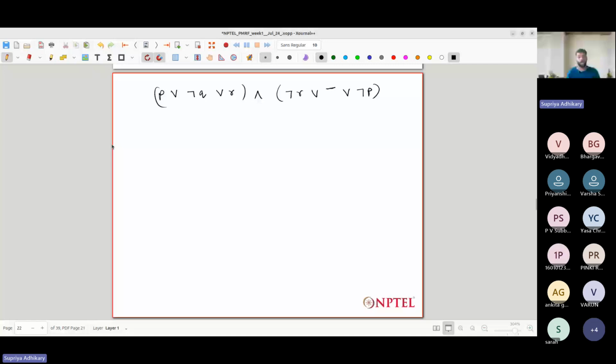Let's see an example. Okay, so let's start with a previous example like this. Basically P is equivalent to Q.